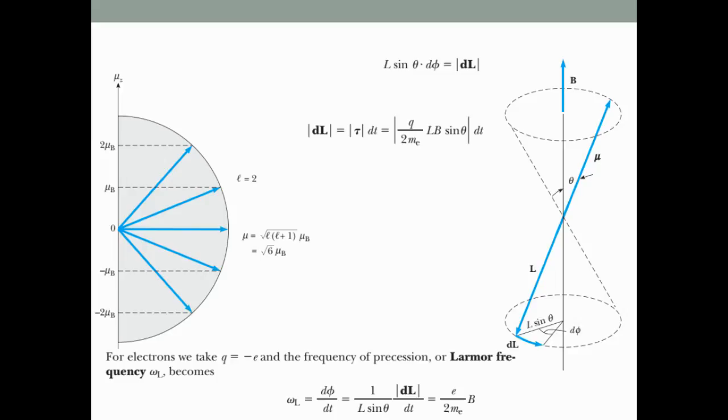The figure on the left side shows the orientation in space and Z components of the orbital magnetic moment for the case of L equal to 2. Therefore, the multiplicity 2L plus 1 is equal to 5, showing the different orientations.